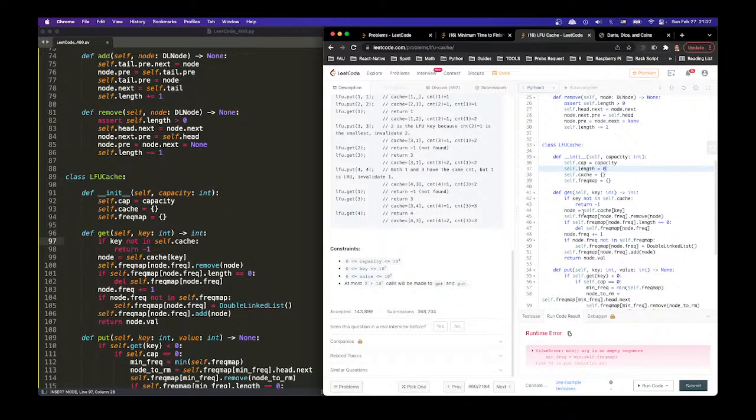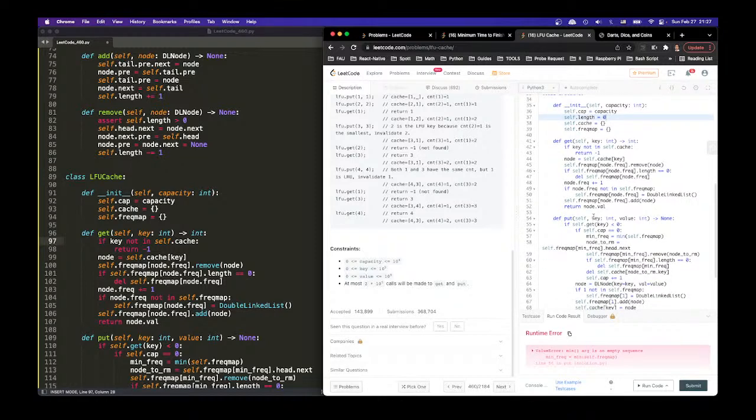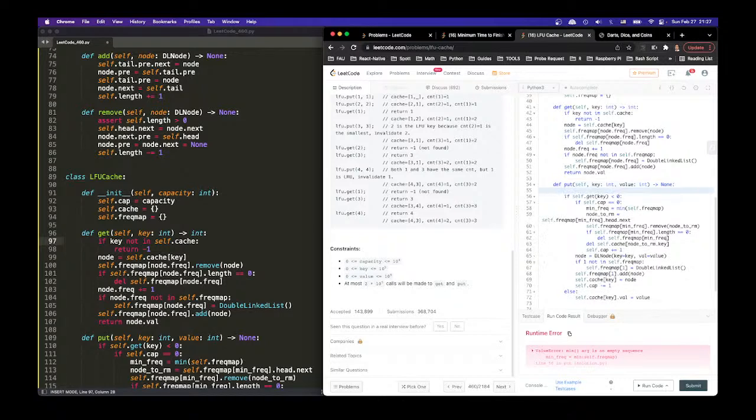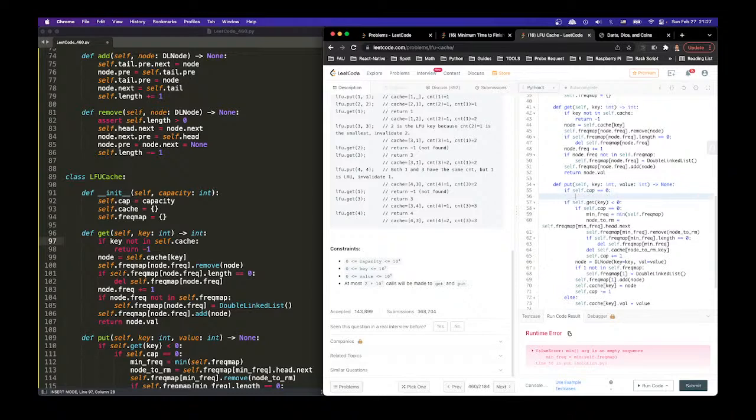Get, fine. It didn't change anything when you get. When you put, if key is smaller than 0, otherwise we don't change the length. And then we can do here, if self.cap is equal to 0, then we just return.